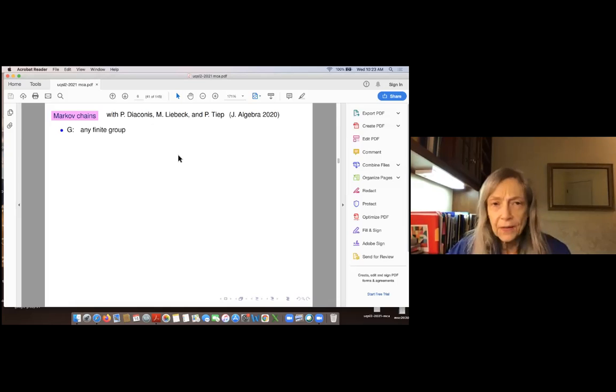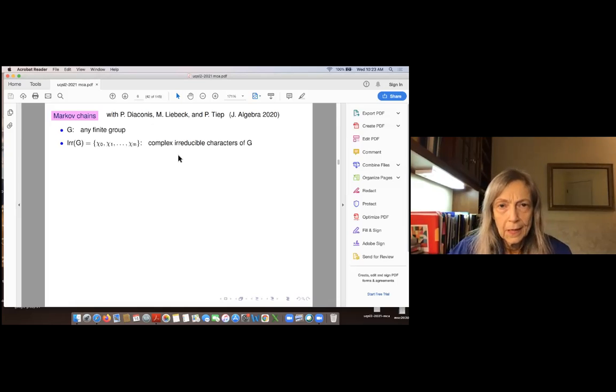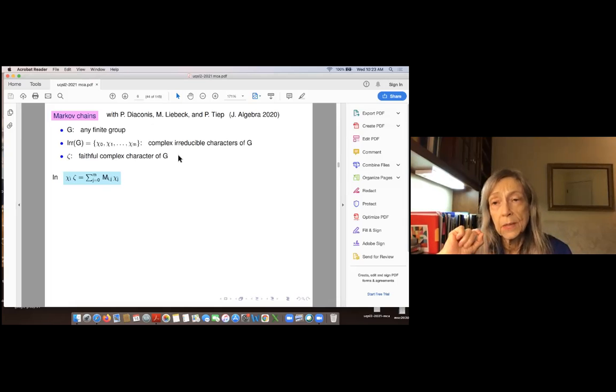So take any finite group, take the irreducible complex characters, take a faithful complex character, and take the product. Multiplying characters is the same as taking tensor products.